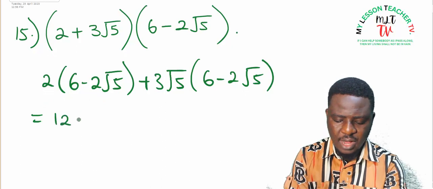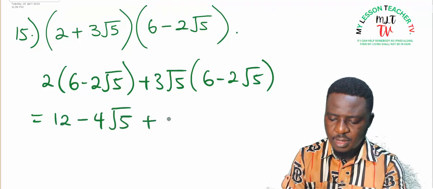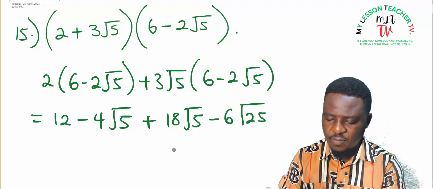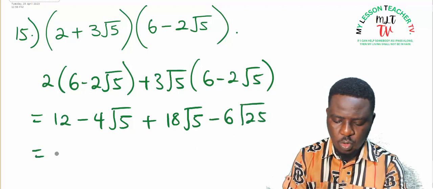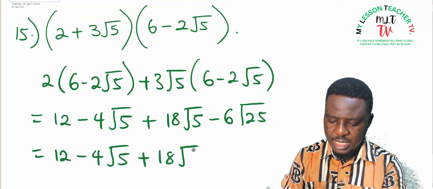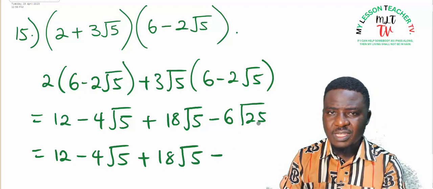Expanding this, you have 12 minus 4 root 5 plus 18 root 5 minus 6 root 25. And this is equal to 12 minus 4 root 5 plus 18 root 5 minus, root 25 is 5.